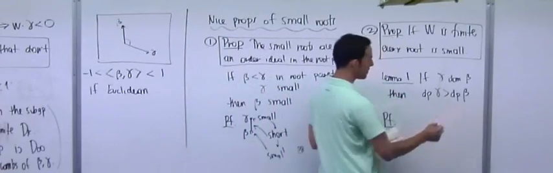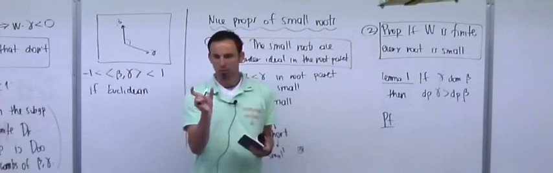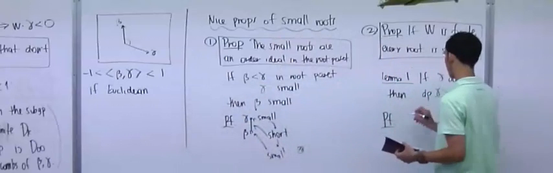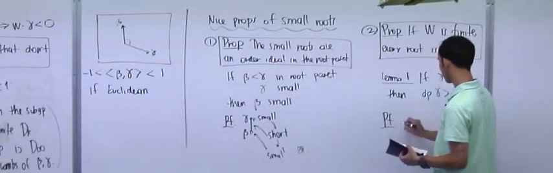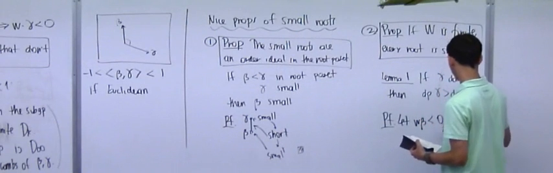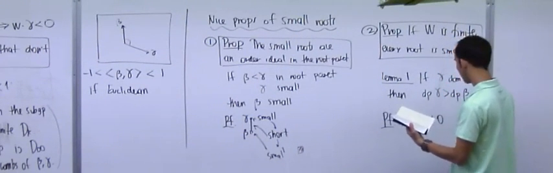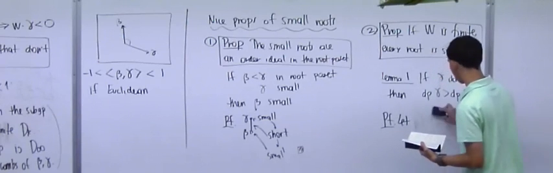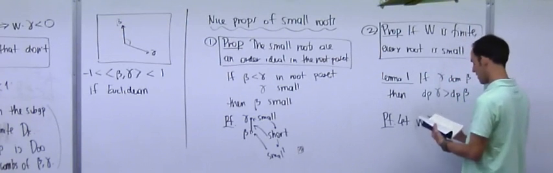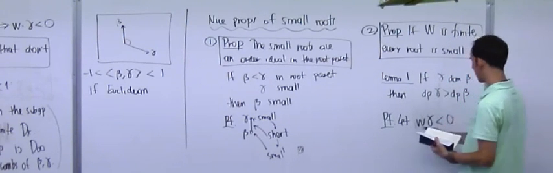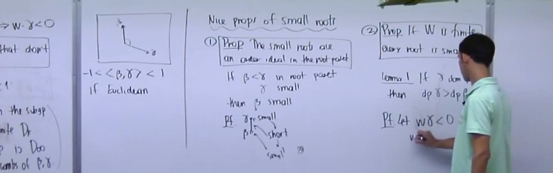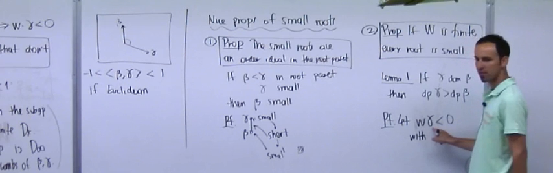Remember what depth means? Depth is the shortest length of an element that makes you negative. And so let's take a shortest element, W, which, I have to be careful because in my notes I had it backwards. So let's consider this. Consider a group element which makes gamma negative and is the smallest possible.